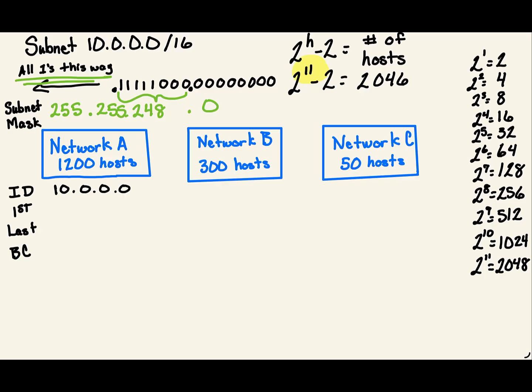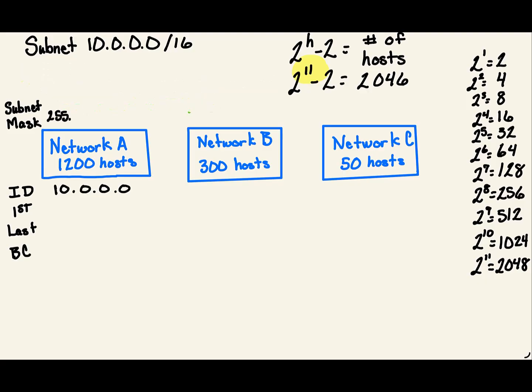Of course, octet 1 and 2 are still 255 because they have 8 ones in each octet. All right, as we have done before, we just take our magic number of 256 and we subtract the interesting octet from 256. Up until now, the interesting octet was always the last one, but now our interesting octet is the third octet.